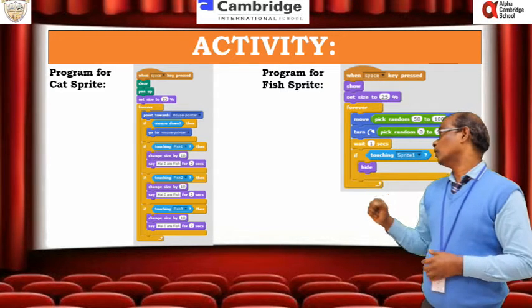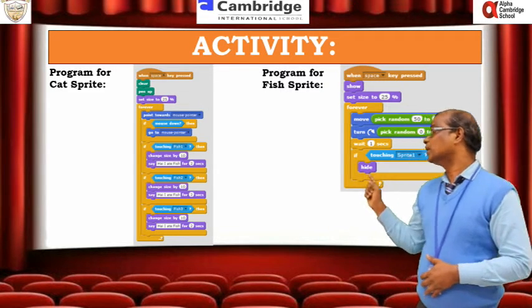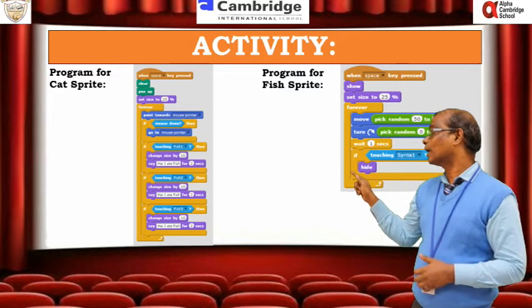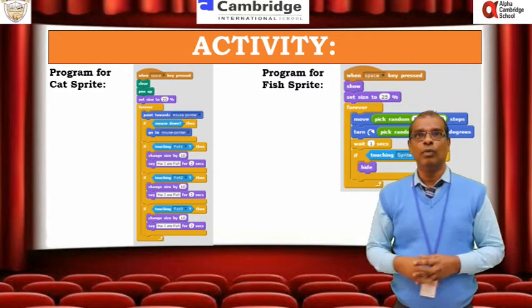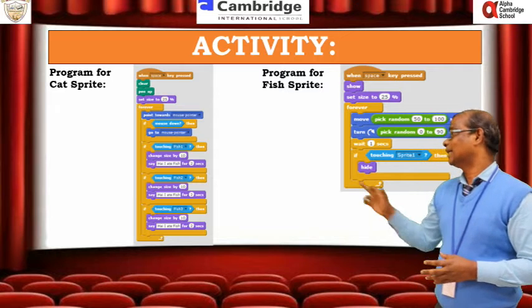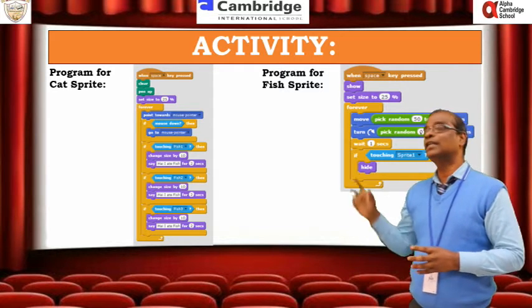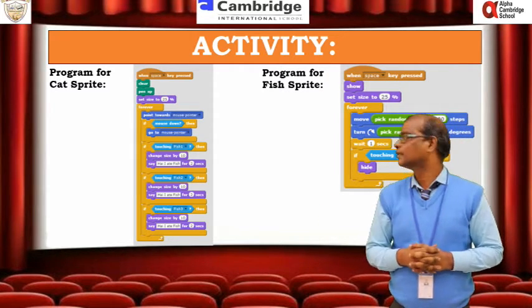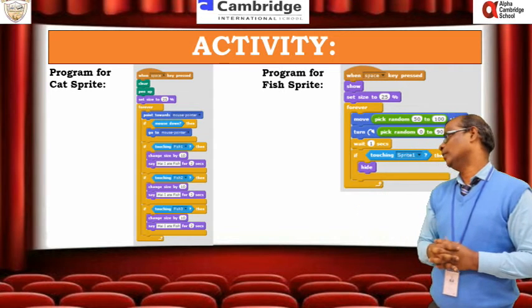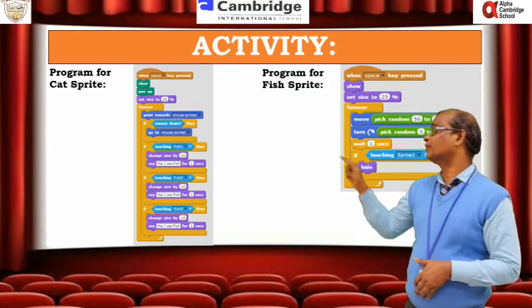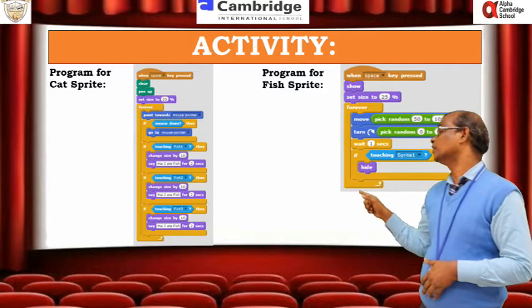Then next one is if. After that, a boolean condition is there. If the boolean condition is true, the code inside the if will be executed. What is the boolean condition here? Touching sprite 1. Here sprite 1 means cat sprite. If the cat sprite touches the fish, touching sprite 1 gives true.